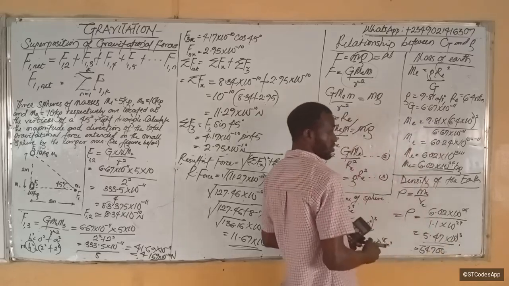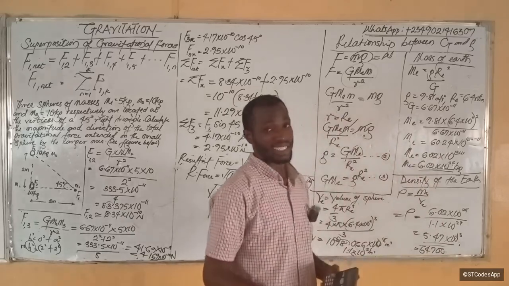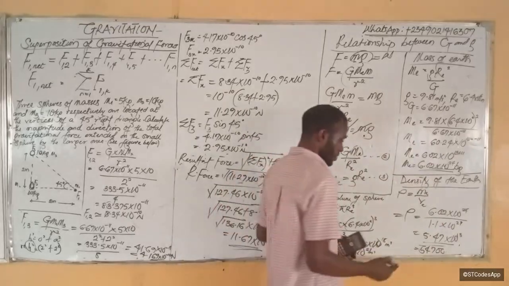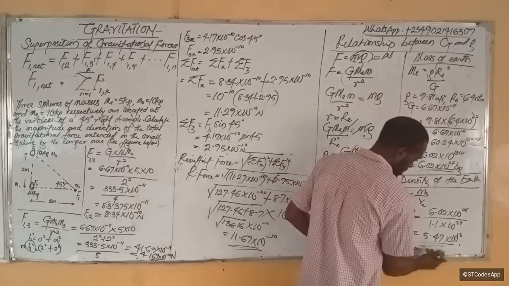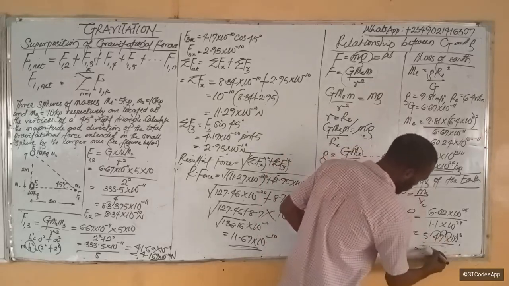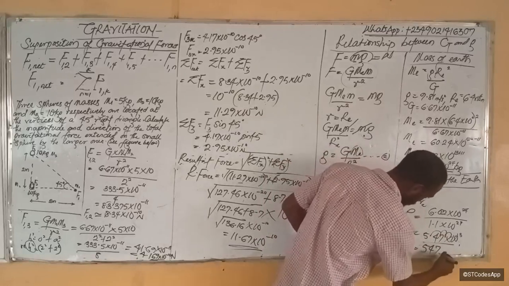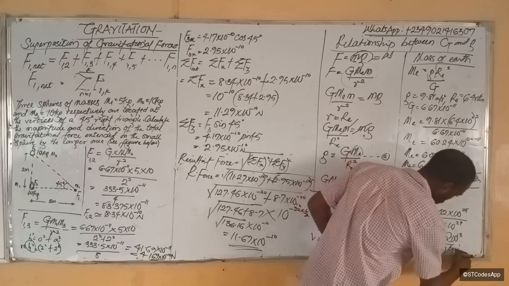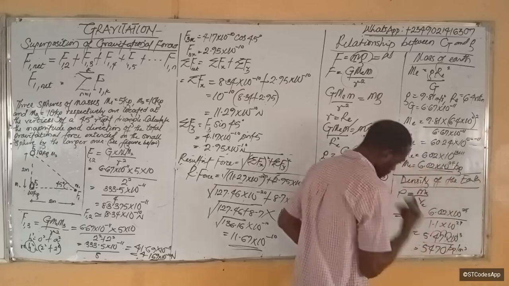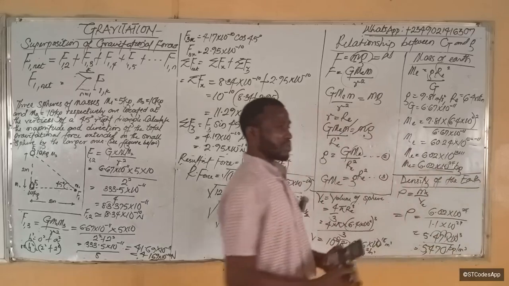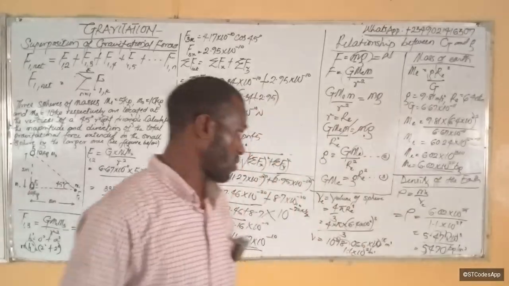Because the density of the Earth towards the center is said to be approximately 10,000 kilograms per meter cube, so it cannot be this. So that will be 5,470 kilograms per meter cube. So it becomes denser the closer you are to the center of the Earth.